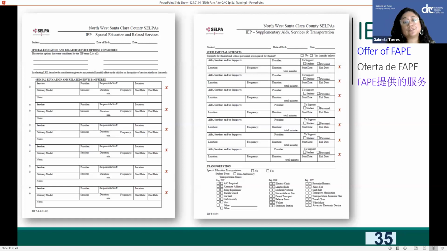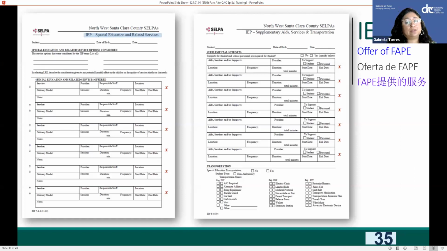So all of these services that a student is going to be provided will be contained within the offer of FAPE, which is the offer of free and appropriate public education, which is contained in the actual IEP itself. While again, I think your screen might not be as clear, you will be provided the actual copies of the presentation. But the amount of specialized academic instruction and related services will be on the first page on the left-hand side.